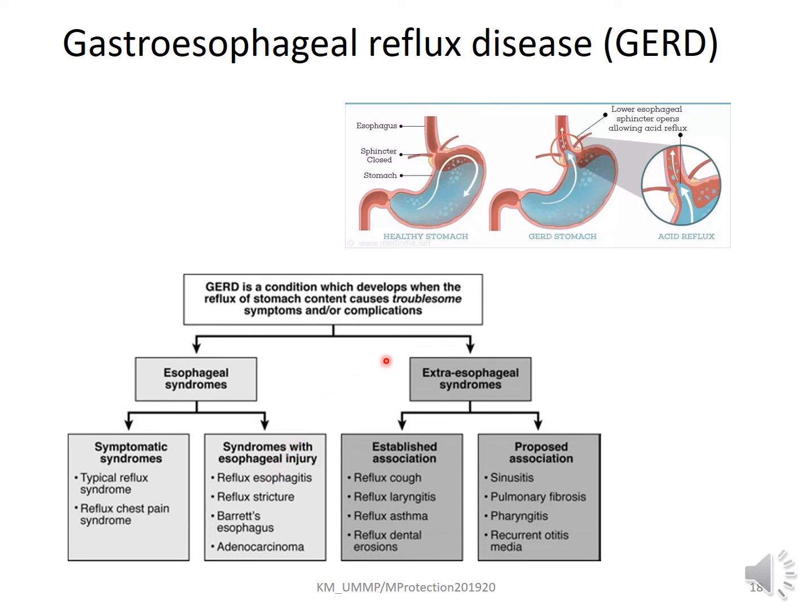In the extraesophageal syndrome, established conditions include reflux cough, reflux laryngitis, reflux asthma, and reflux dental erosion, and sometimes it is associated with proposed conditions like sinusitis, pulmonary fibrosis, pharyngitis, and recurrent otitis media.